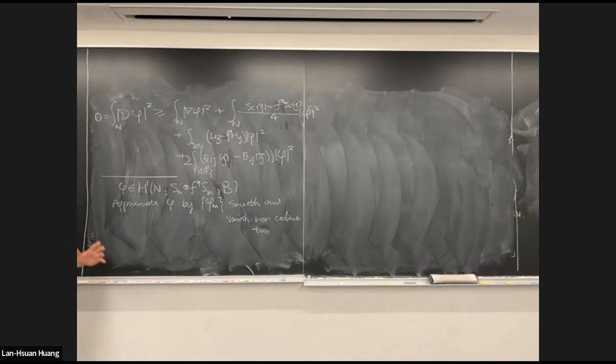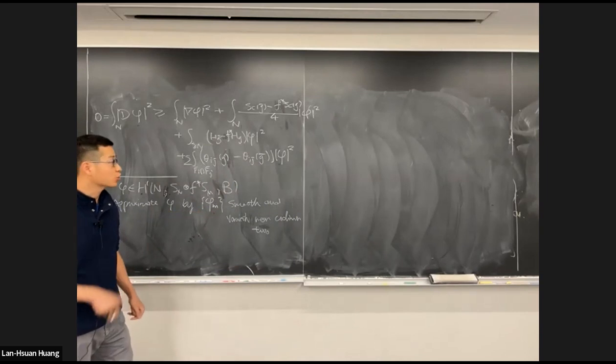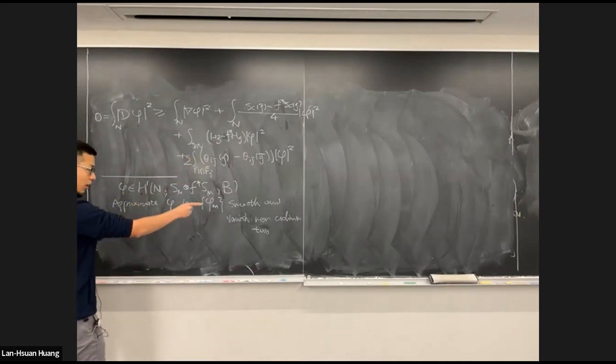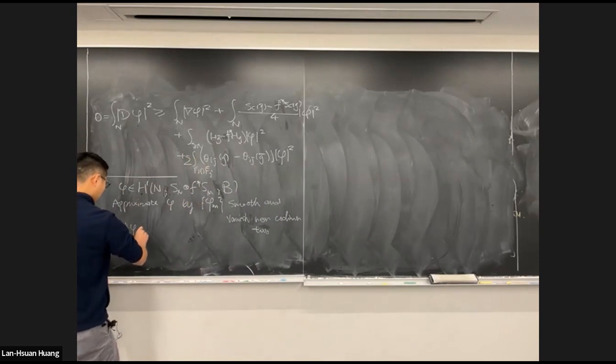Okay? So these guys vanish near the angles. By approximation, is this clear?